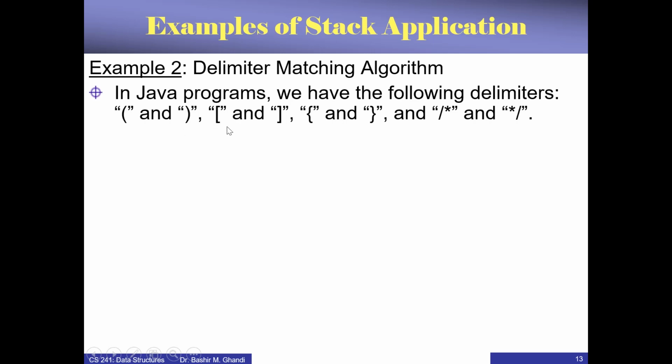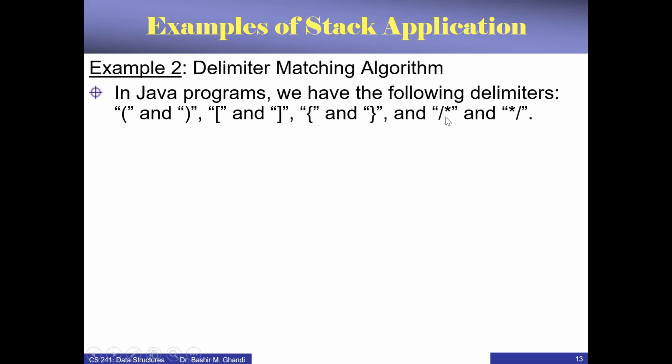Similarly, a square bracket, like the one we use to create an array, is always followed by a closing bracket. And opening braces, like the one we use at the beginning of a block, like the beginning of a class or method, is always followed by a closing brace.